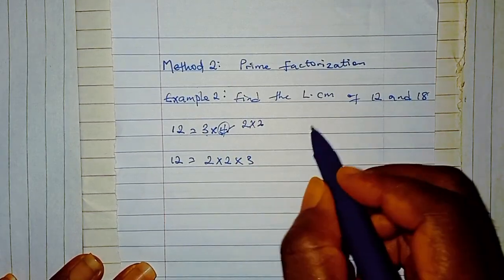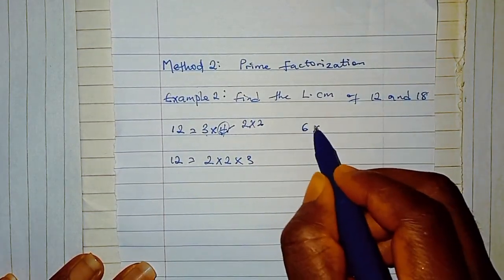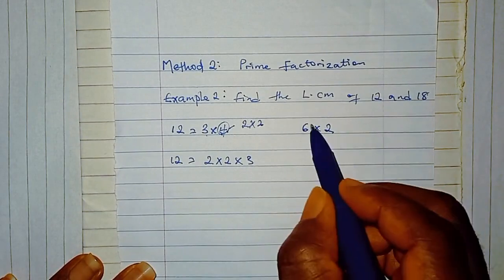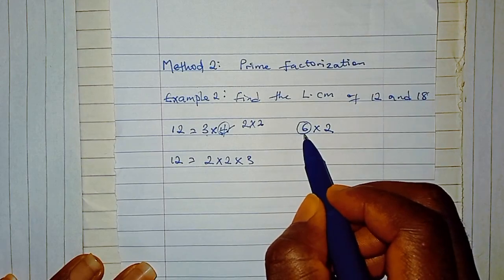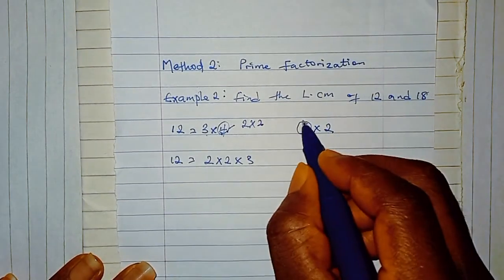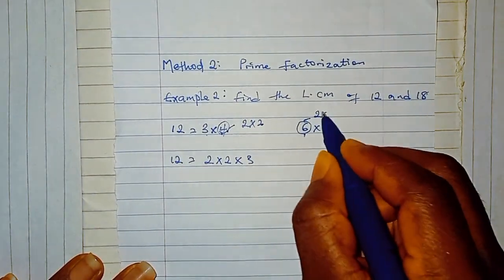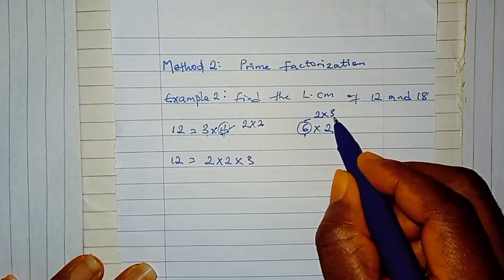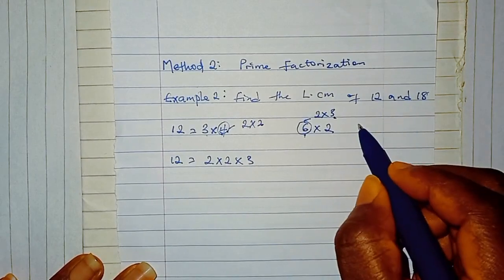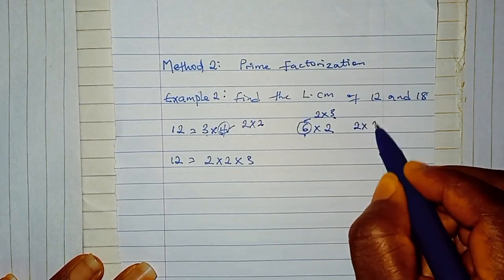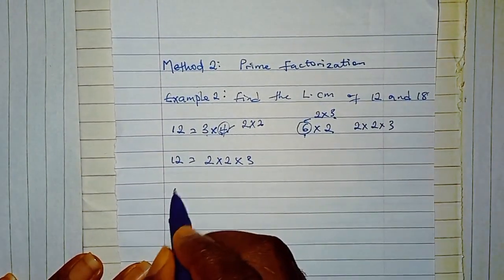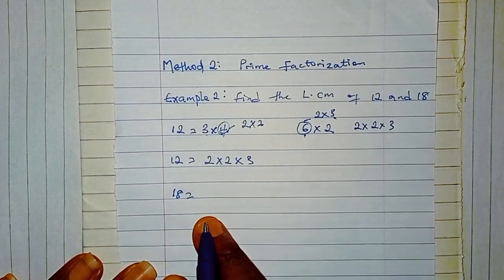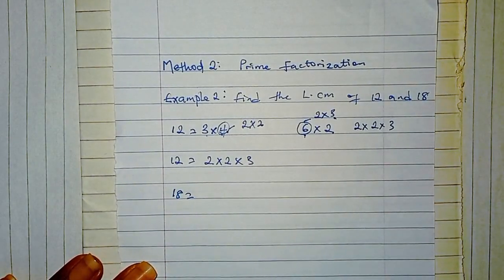Alright, if we also use 6 and 2, we know that 6 is not a prime number. So we are still going to break it down into 2 times 3, which will also equally give us 2 times 2 times 3. Okay, so for 18, we will also look for two numbers that when we multiply them together, we get 18.